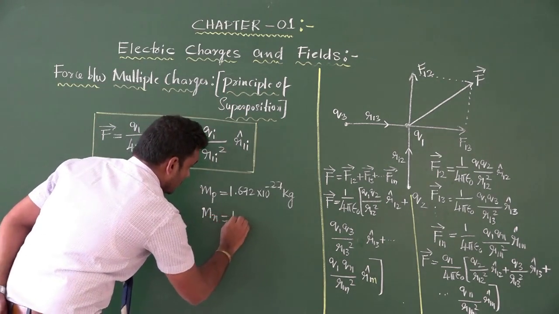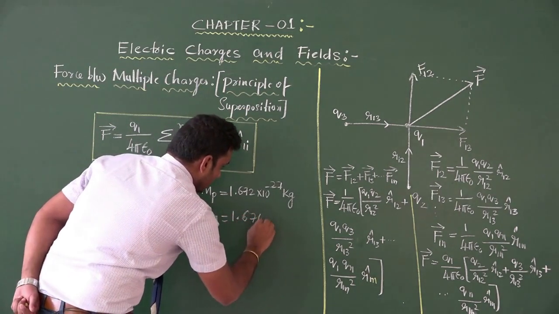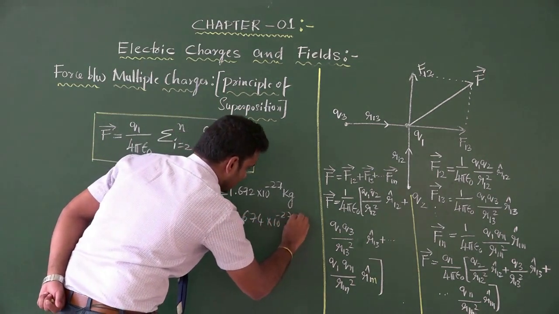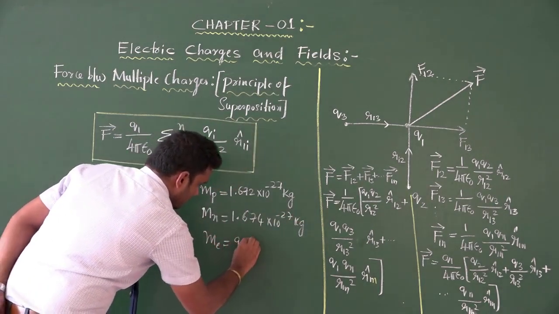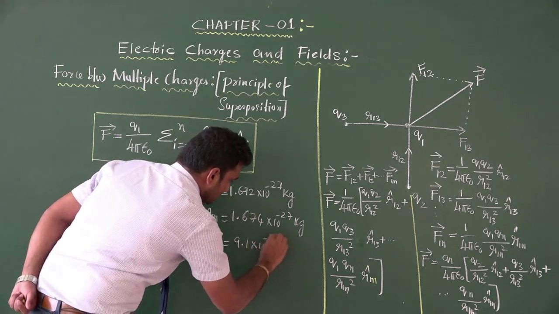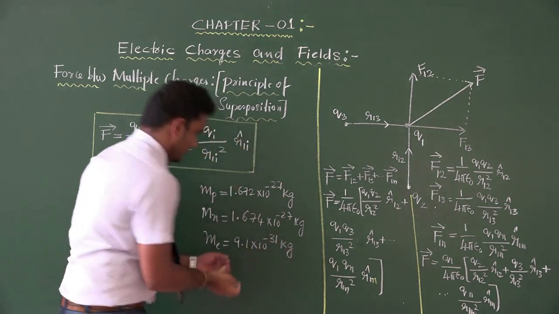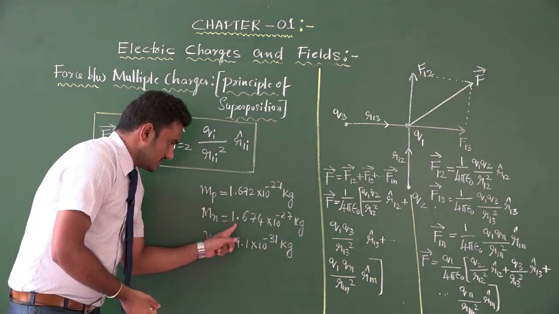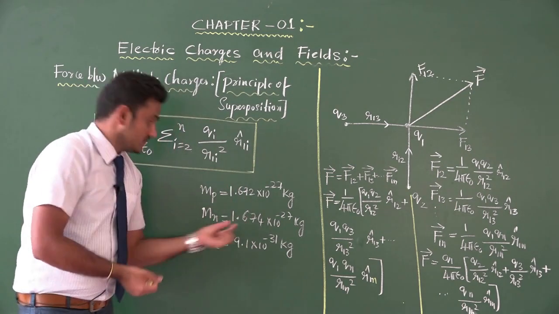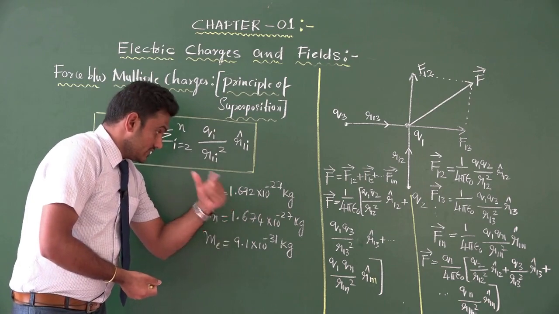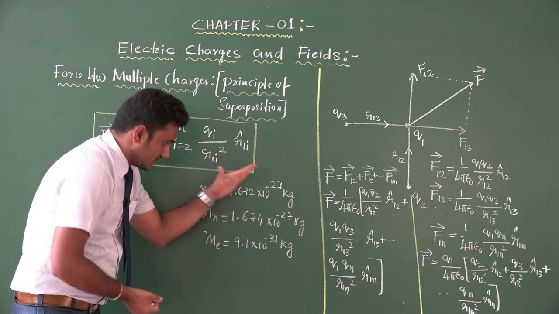Mass of neutron 1.674 into 10 to the power of minus 27 kg. Mass of electron 9.1 into 10 to the power of minus 31 kg. You can concentrate here. In the place of 1.67 I have written 1.07. So there 0 must be 6. So these are the values.